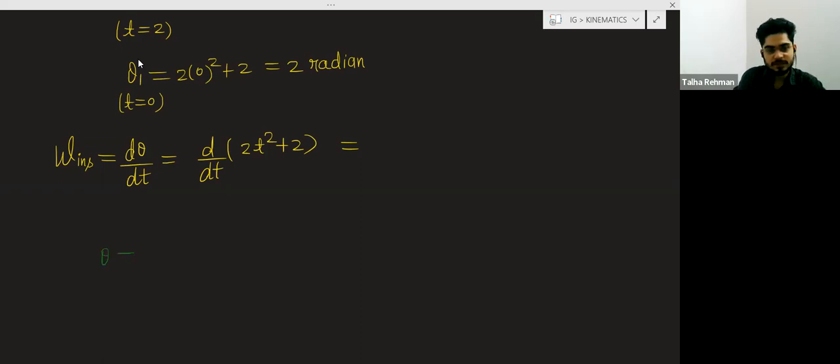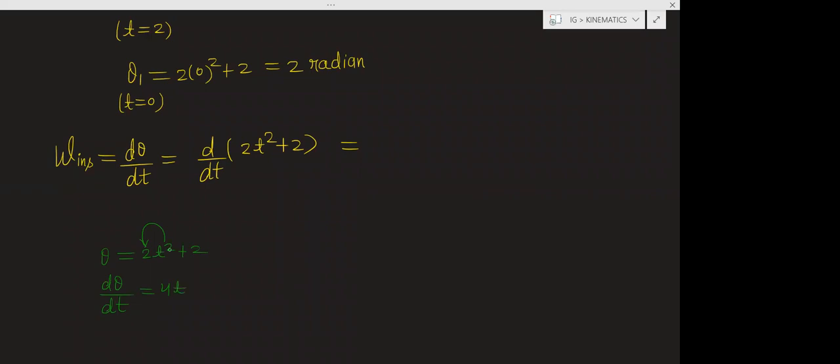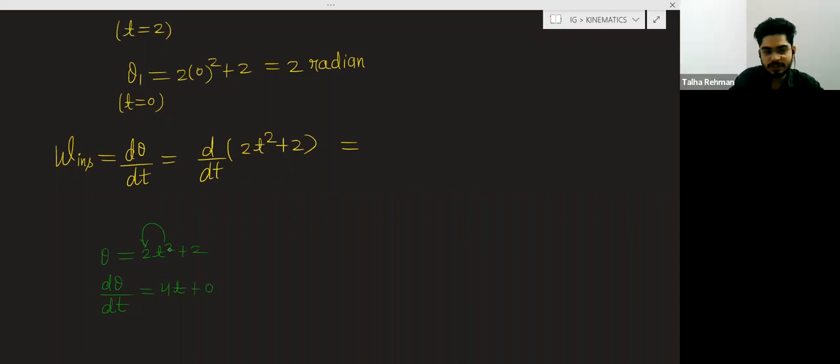If theta is given 2t square plus 2, then to find d theta by dt, you will multiply this power with this 2, so this will become 4, and here is your t. Then you decrease one power. And I have told you differentiation of a constant is 0. So your value will be 8.